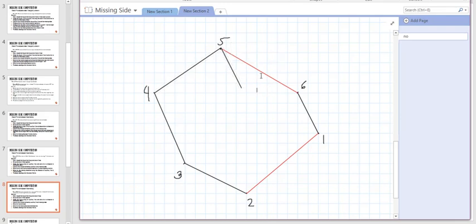Then again, close the figure using an auxiliary line. So himo na po mo auxiliary line. Okay. Then look for the triangle form. So pwede na ni kini atong i-move.